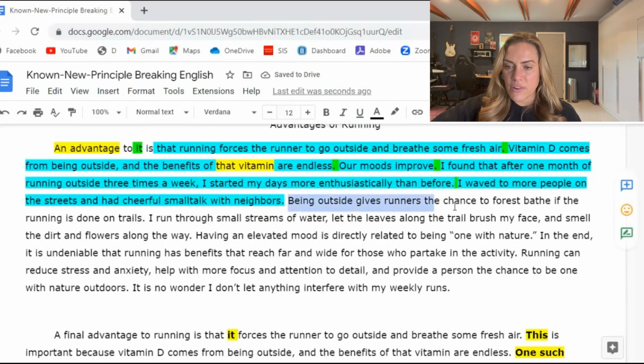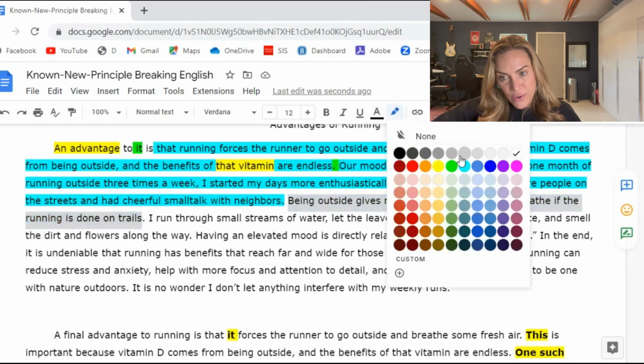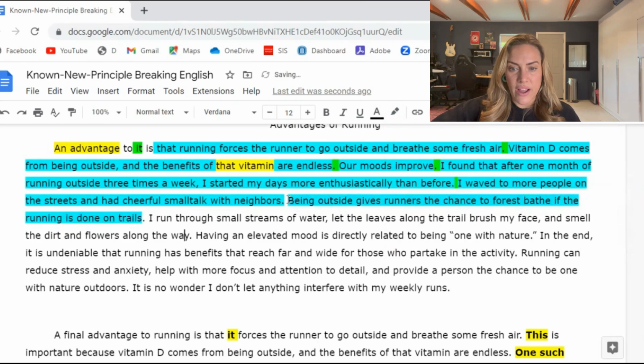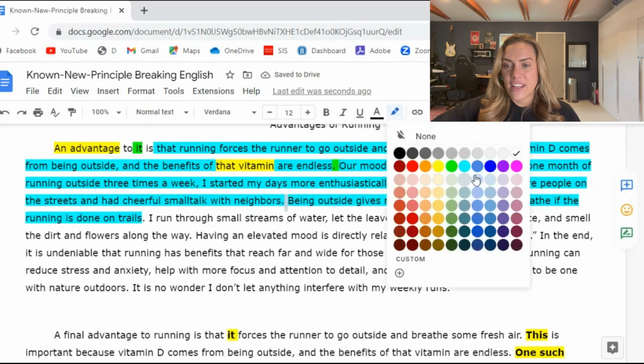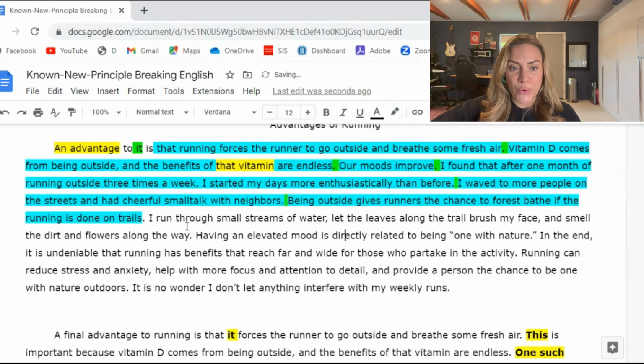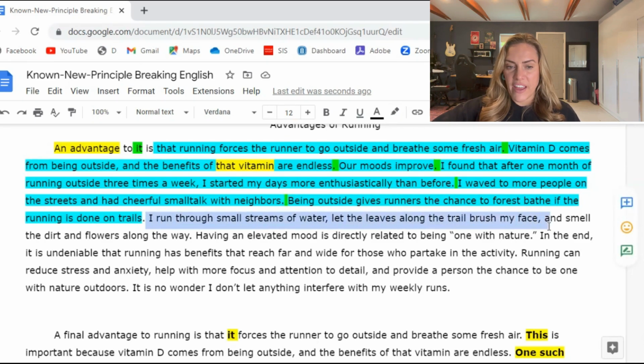"Being outside gives runners a chance to forest bathe if the running is done on trails." Again, new information here. Okay, so I would connect that with some piece of glue. "I run through small streams of river water, let the leaves along the trail brush my face, and smell the dirt and flowers along the way."